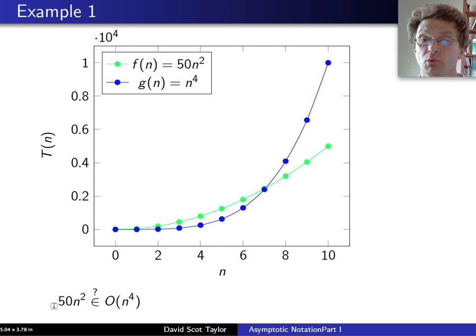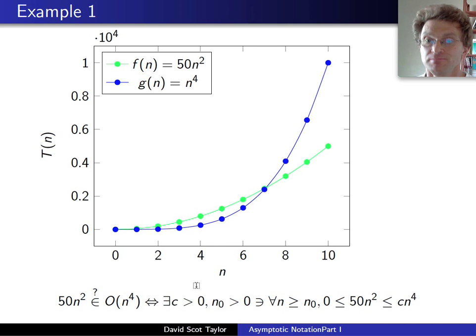So in this case, we want to show 50n squared falls in the set big O of n to the fourth. 50n squared grows no faster than the function n to the fourth, right? Well, that's going to be true if and only if there exists a constant bigger than 0 such that for sufficiently large n, 50n squared is less than or equal to the constant times n to the fourth.